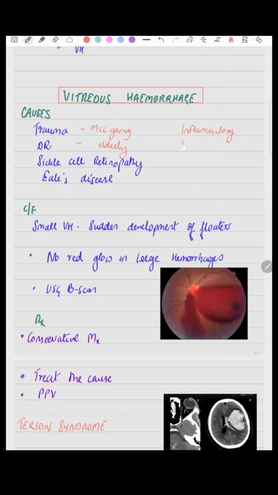Then vascular diseases like hypertensive retinopathy or central retinal vein occlusion. Then blood dyscrasias like retinopathy of prematurity or leukemias, polycythemia, sickle cell retinopathy, etc. There can be a lot of causes for vitreous hemorrhage. Then it can be idiopathic like in Eales disease.